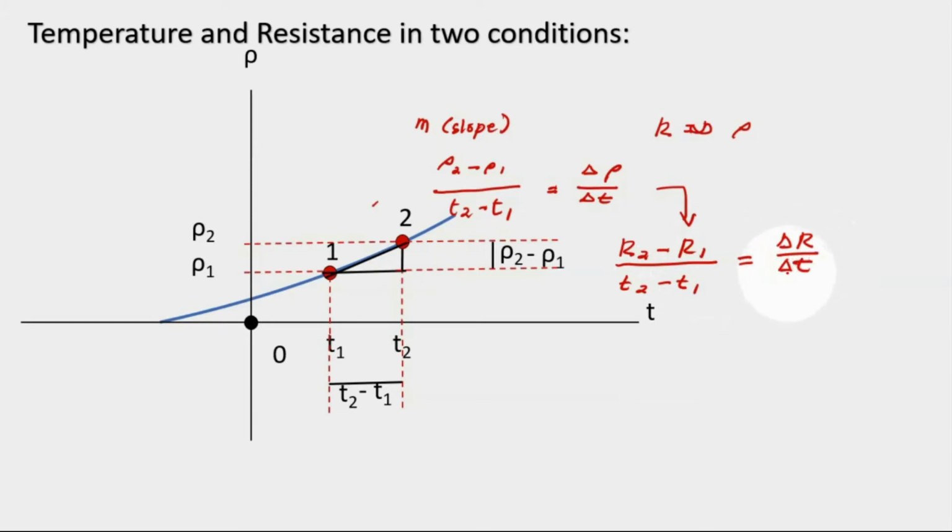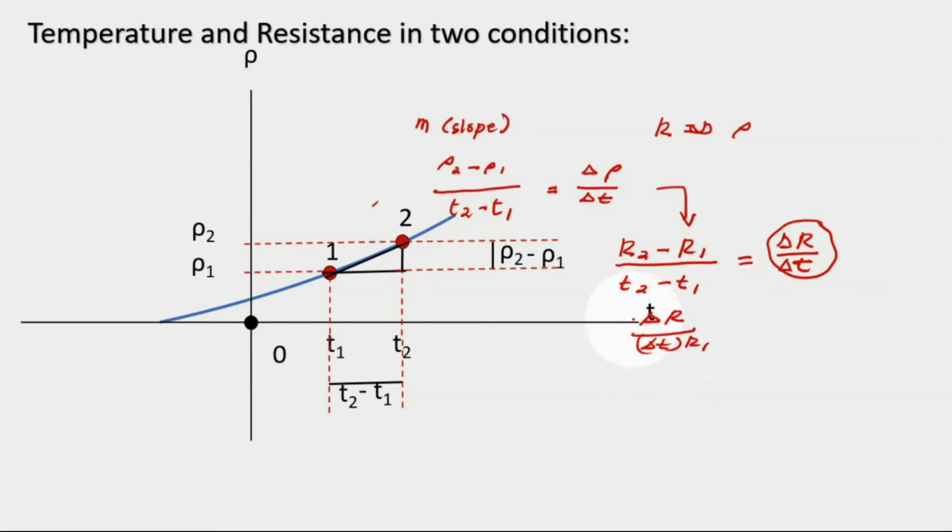Now, if we divide this term by R sub 1, we are referring to what we call the temperature coefficient of resistance at condition 1. So it will become delta R over delta T, and I divide this by R sub 1.